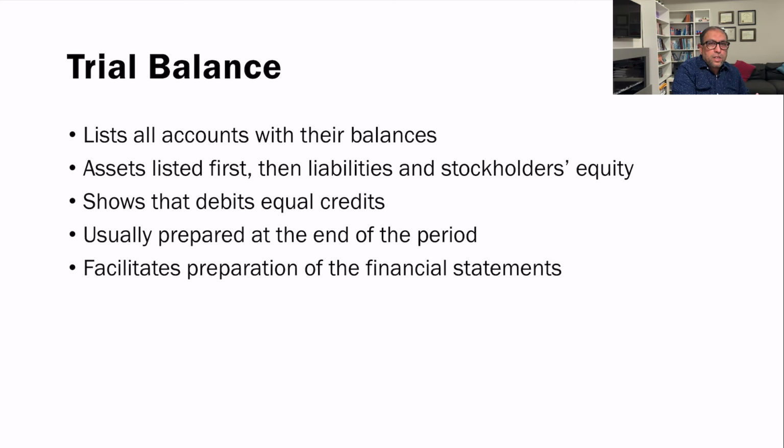We record the transactions into the journal, and from the journal we transfer every transaction's balance into their respective ledgers. And after a certain time period or accounting period, we take the balances from the ledger to prepare the trial balance. So the use of the trial balance facilitates preparation of the financial statements.